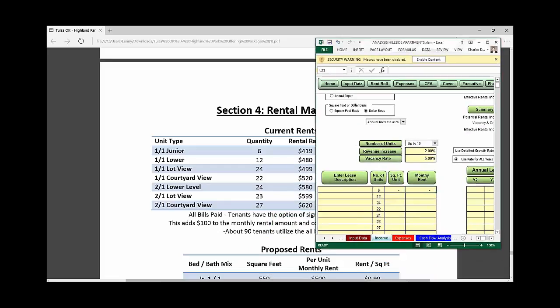Okay, so I'm going to stick these numbers in there: 419, 480, 499, 520, 580, 599, 620. Oh, it would be helpful if I hit the enter button too. See, this is what happens on live TV.